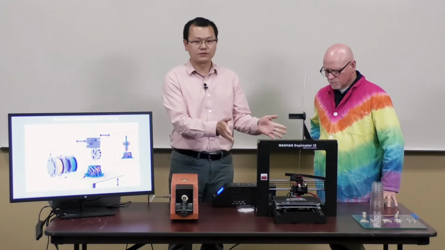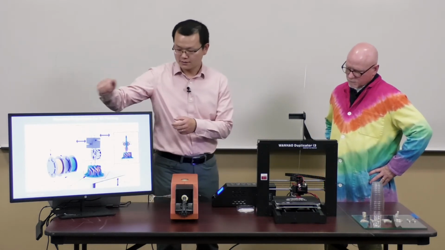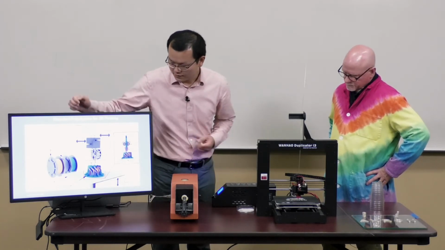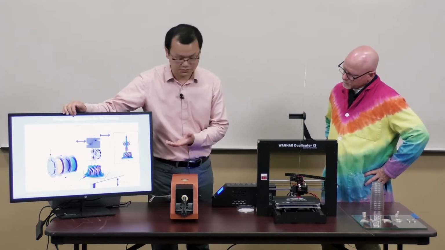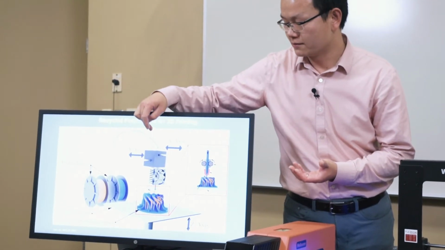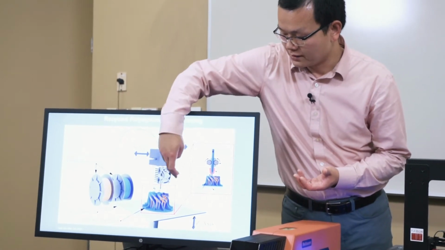Okay, so while it's printing, I will explain how this printer works by using the slide on the screen here. It's called fused filament fabrication 3D printing. Your starting material is a polymer filament. This filament is transported to a printing head.